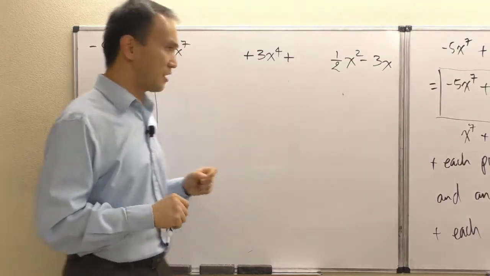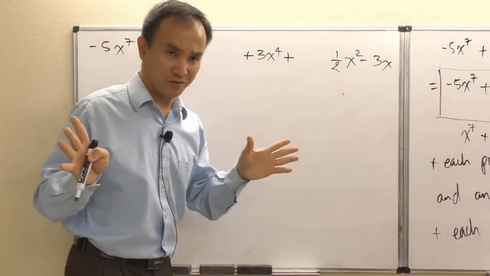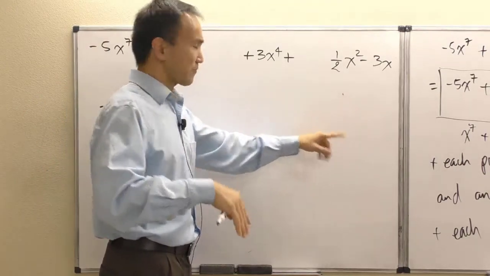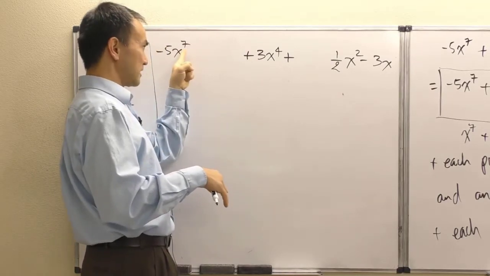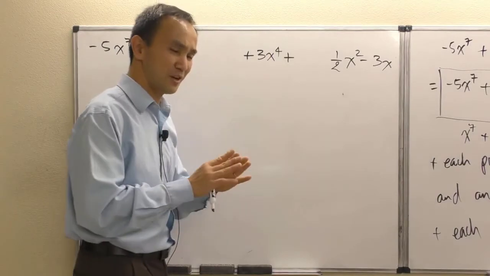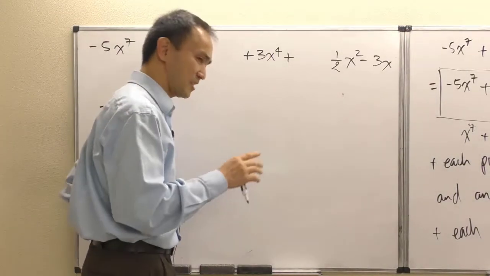It really doesn't mean to offend anyone, that I have to talk about some silly stuff. So from the x to the 7 to the x to the 4th, I just want to explain a little more about the nature of these coefficients.